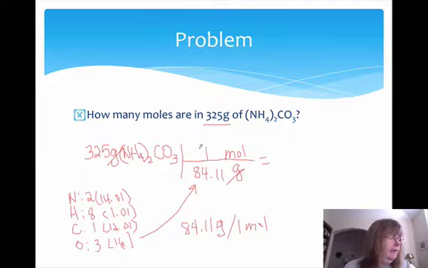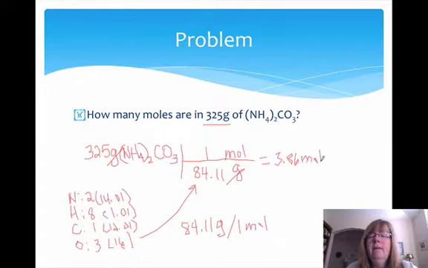And to 3 significant digits, we get 3.86, and that is moles. Okay, now this makes sense. 1 mole is like 84 grams or so, and we have way more than a mole. We have 325 grams, and so this answer makes sense.